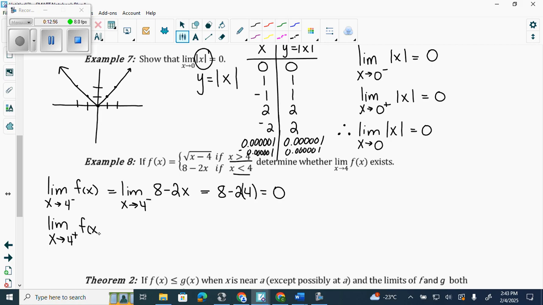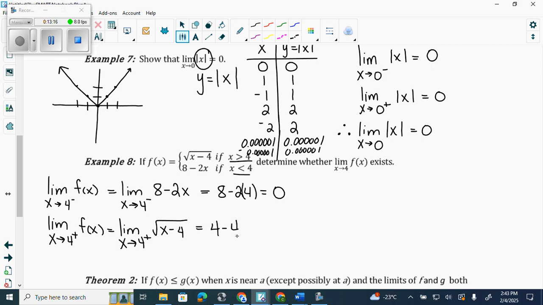So I put the limit as x approaches 4 from the right of f of x, but now I need to figure out which of those is f of x. So greater than, root x minus 4. I still have the limit sitting there because I haven't substituted in. The moment I substitute the 4 in, the limit goes away.